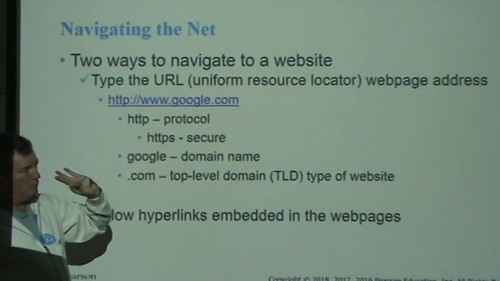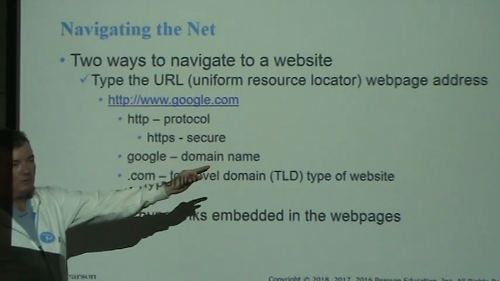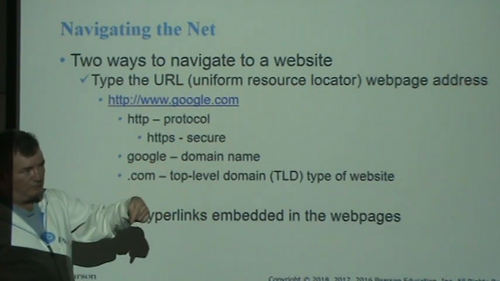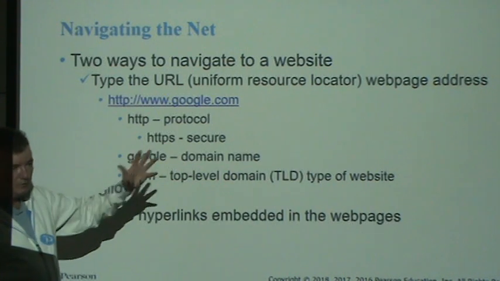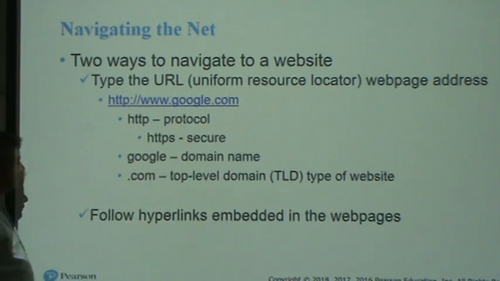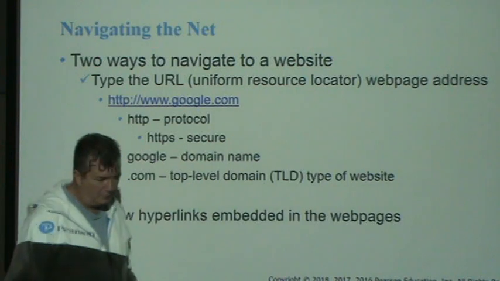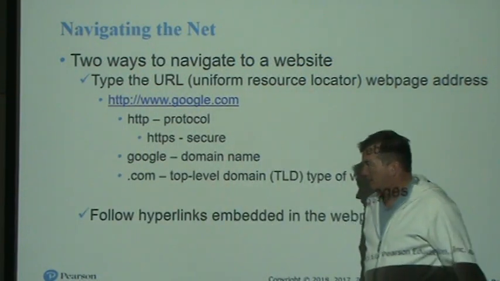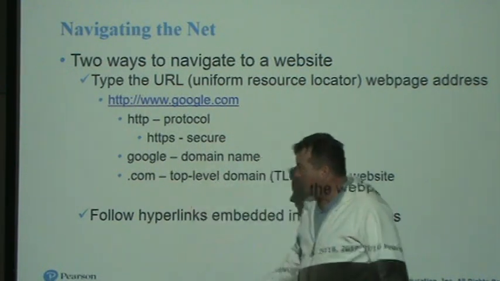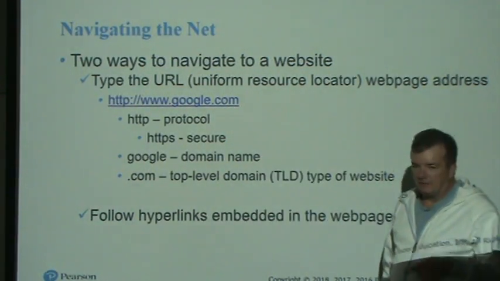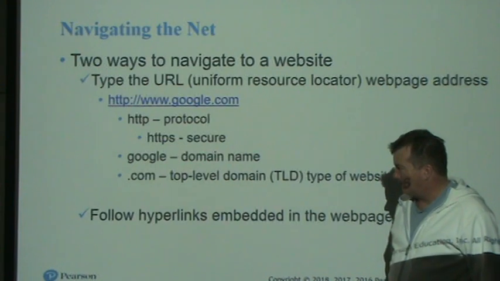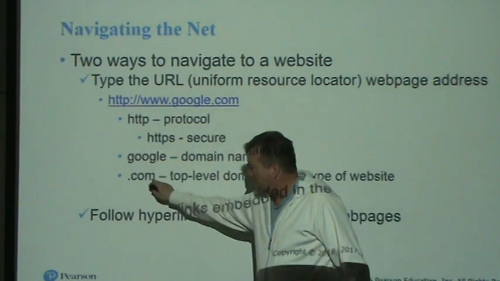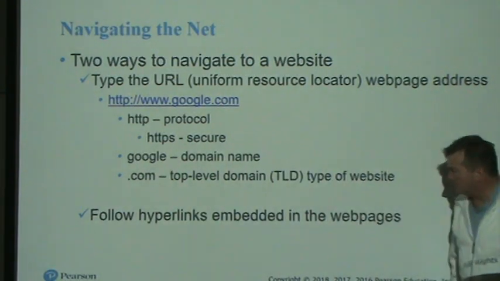So if anyone along the path reads your message, which they can do if you're sitting in a coffee shop and you're going through their router, that coffee shop could read the data that's going through it, could block data from getting into the coffee shop, and could read your password and stuff like that. So if you're using HTTPS, that would be guaranteeing that all the messages being sent back and forth are encrypted. Google is the actual domain, and .com, which is for commercial use, is the top level of the domain.